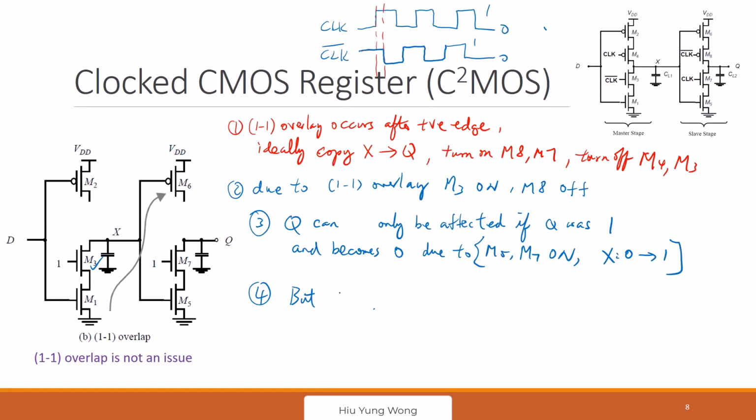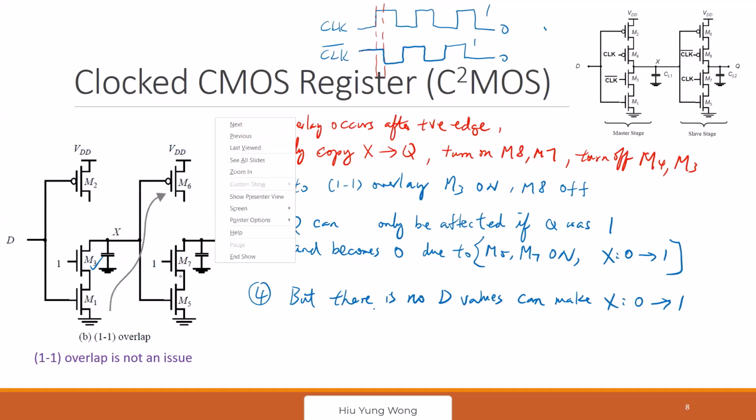There is no D value that can make X go from 0 to 1 because X is connected to ground. The best the D can do is bring X from 1 to 0, and if you bring it from 1 to 0, then it's not going to corrupt this Q. So no problem with 1-1 overlap again. Is this clear? Any questions?